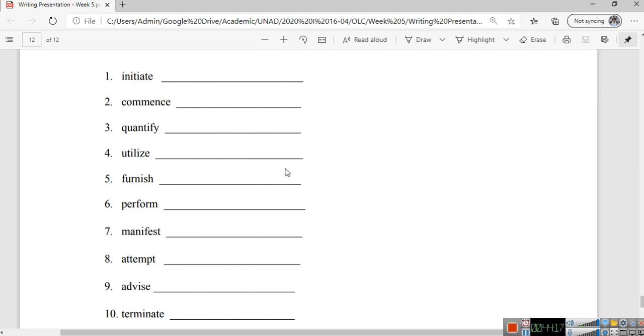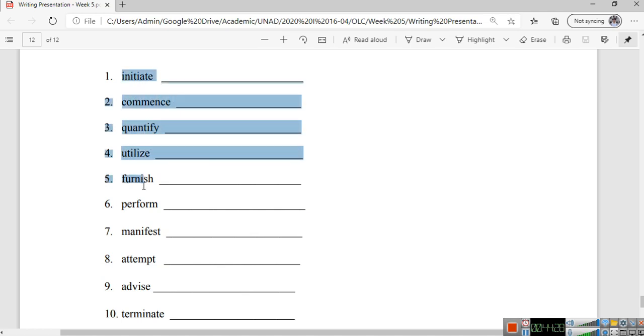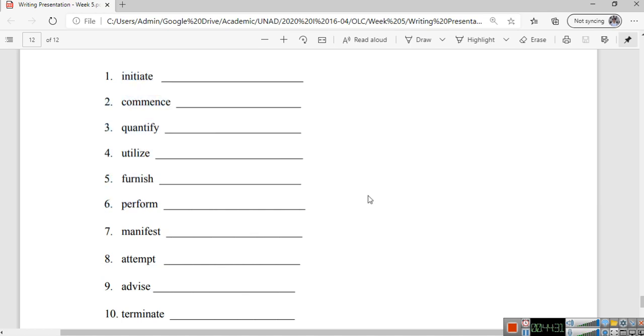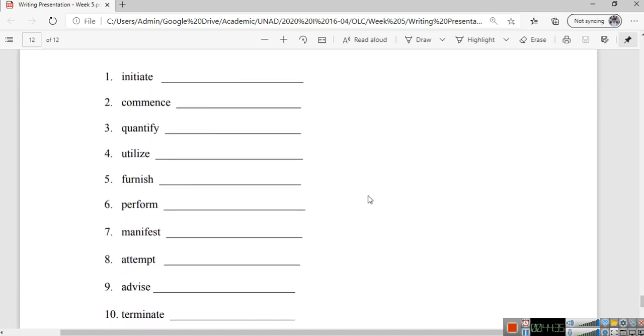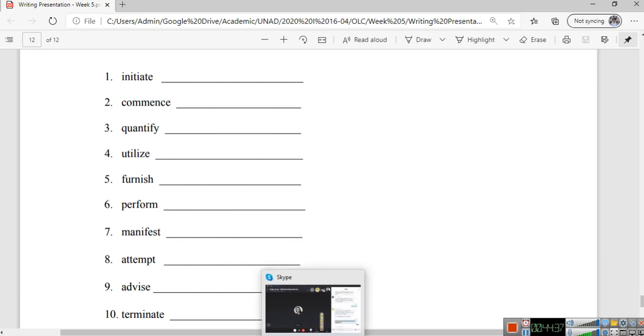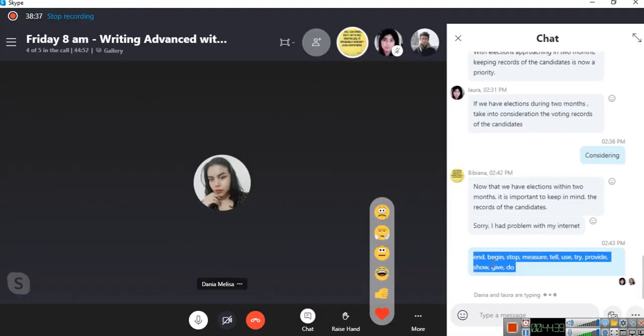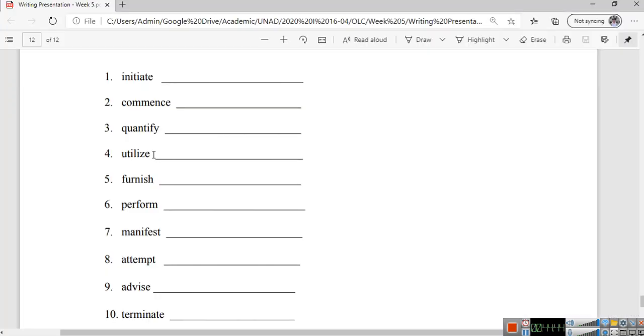Sorry, teacher. Can you explain this exercise to me, because my internet doesn't work? Yes, so look, you have some words here. These are elegant words, or also fancy words. The idea is to use the words that I just gave you on the Skype chat right here, begin, stop, and replace those. So initiate can be replaced by begin.